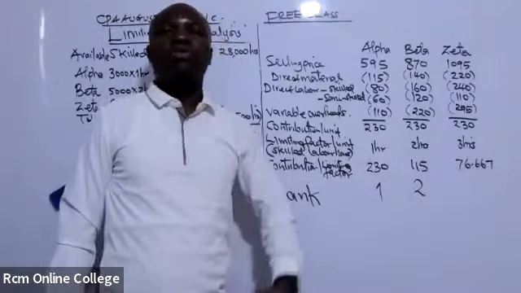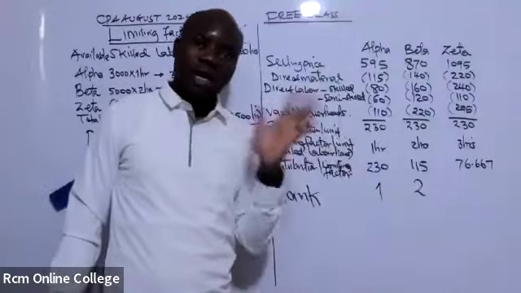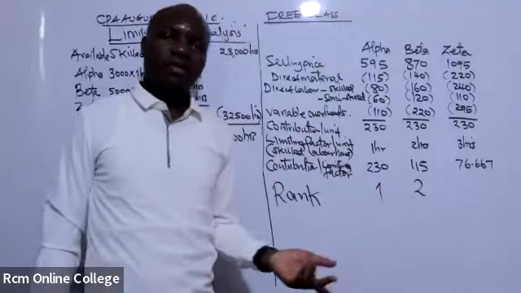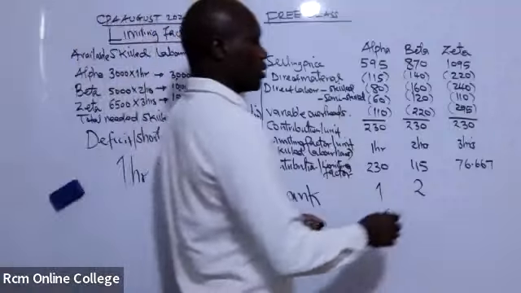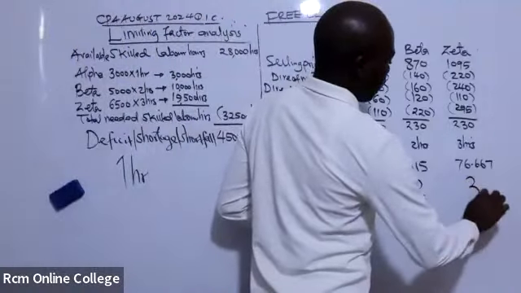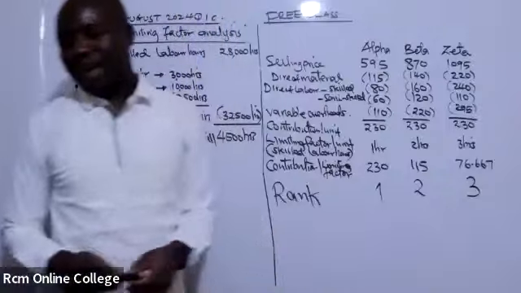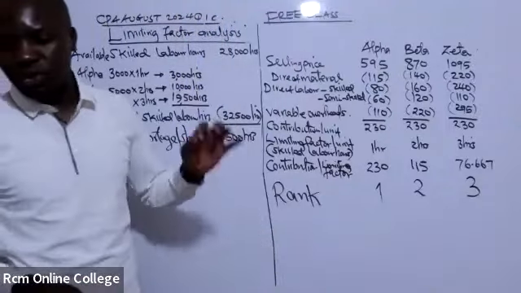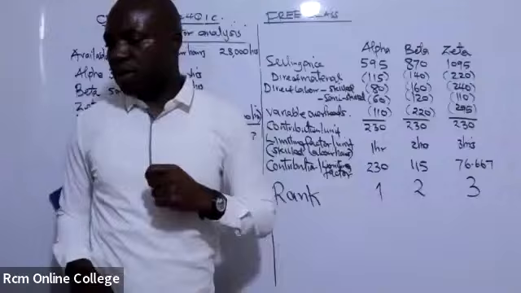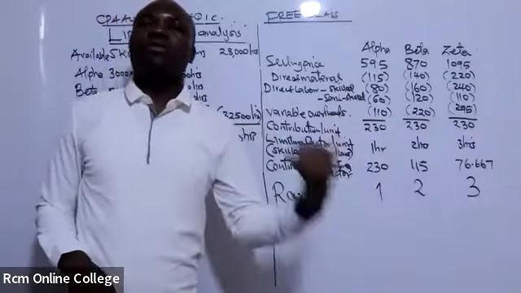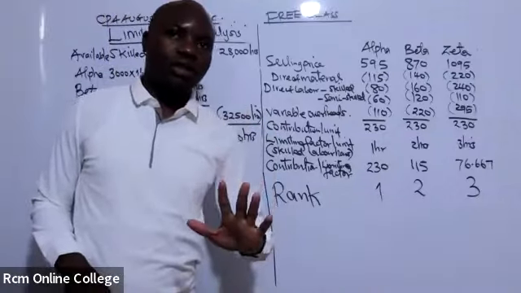So what will you do? You now consider if there's anything remaining. If there's anything that is remaining, you can consider producing zeta. So what we have done is ranking of the products based on profitability. Have you been able to understand that?